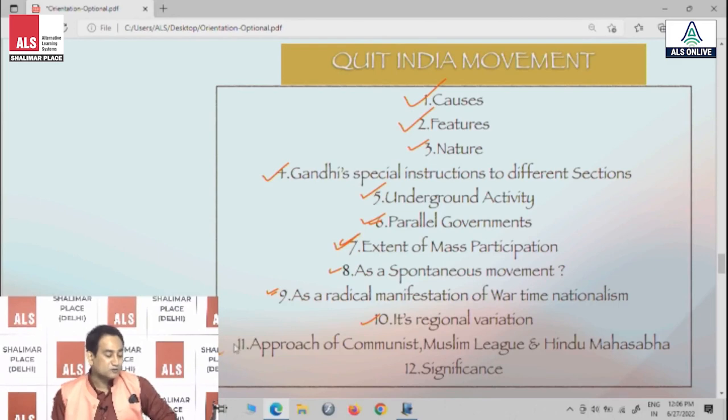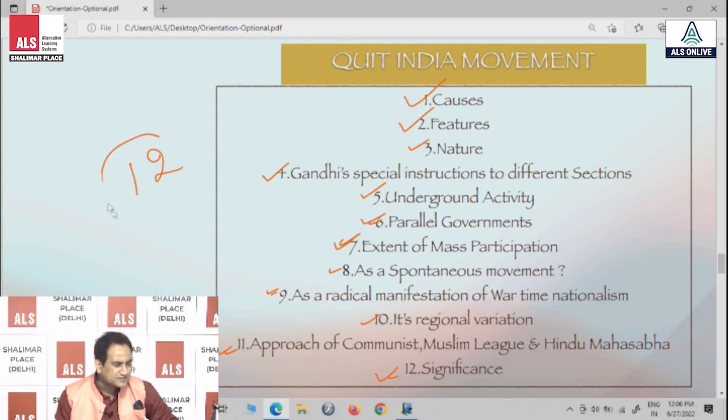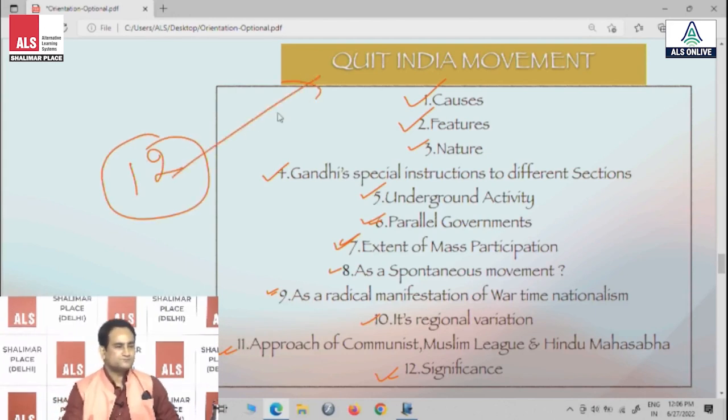They can ask you about the approach of the Communists, Muslim League or different stakeholders. They can ask you about the significance of the Quit India movement. I wanted to highlight only 12 dimensions of this topic. You can also do it, but when we do it in class, within 10 minutes you can handle this, and if you have time you can add two or three more.